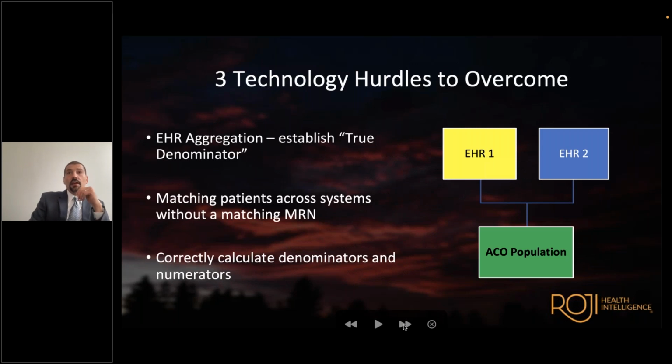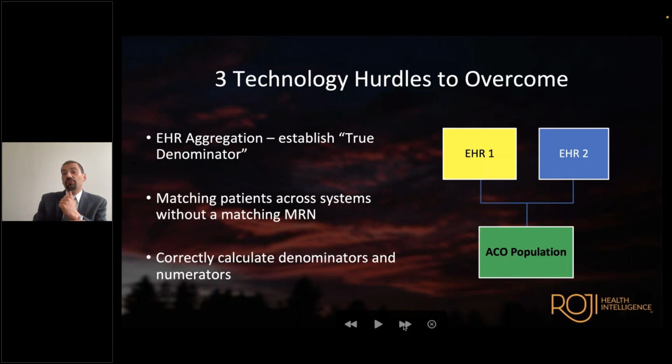To do that, you've got to overcome 3 technological hurdles. The first one, obviously, is the aggregation itself, establishing the true denominator. So you can see in my very scientific graph over here, if we have 2 EHRs, EHR 1 and 2, you cannot simply add them together because one patient, the John Doe from the previous example, is going to be counted twice.